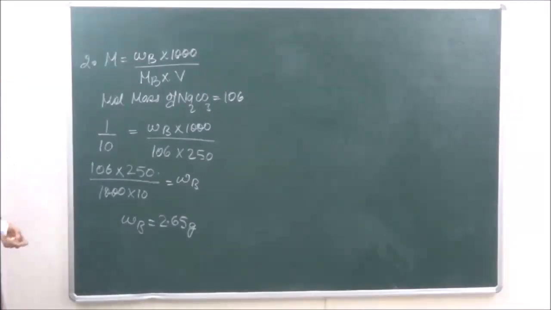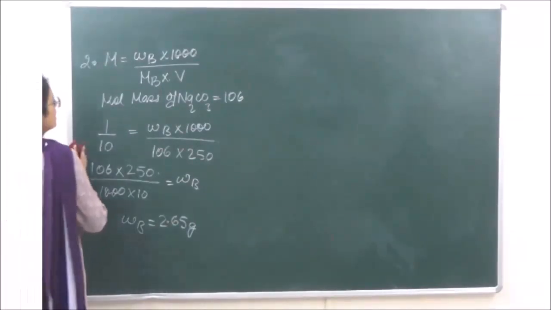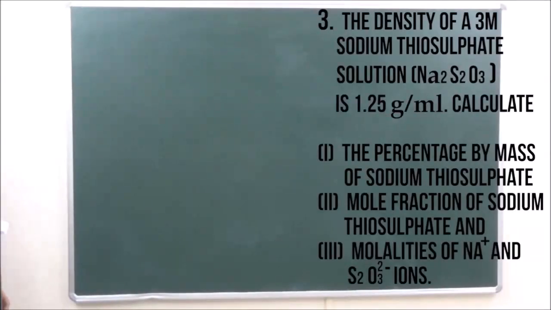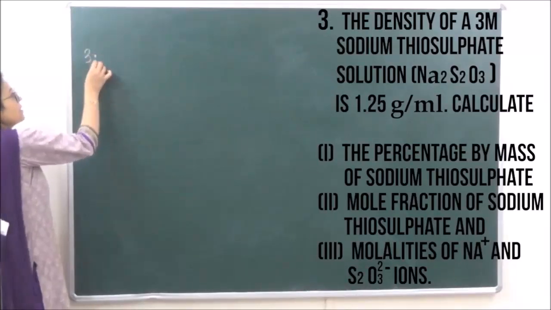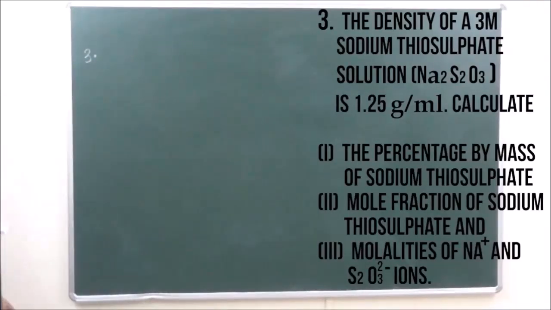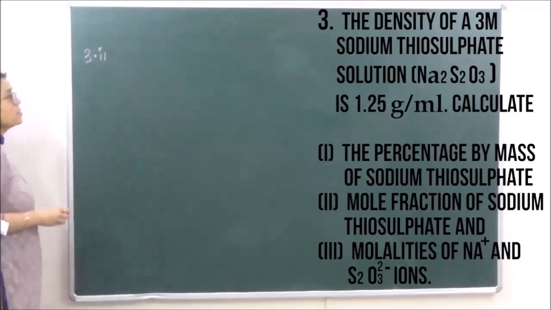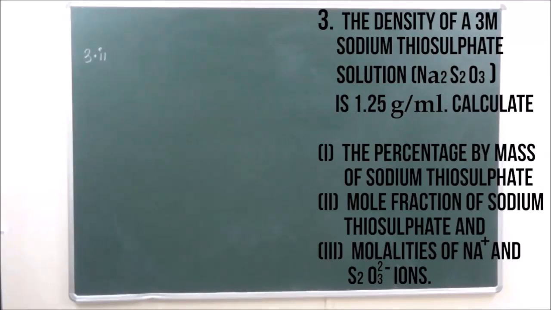Right? Let's go to a little more difficult question now. Question number 3 coming up on the board is the density of a 3 molar sodium thiosulfate solution. Now in this case, the density given for a 3 molar sodium thiosulfate solution is 1.25 grams per ml. We have 3 parts of this question. The first one is calculate the percentage mass of sodium thiosulfate. So let's first calculate the percentage mass of sodium thiosulfate.